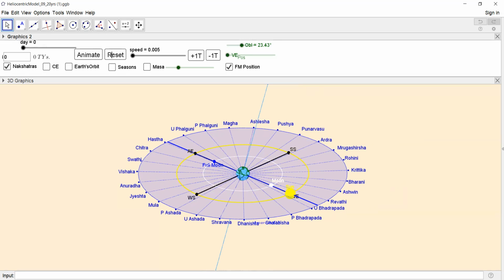However, once we go beyond three lunar years, there is a misalignment between the name we are giving to the lunar month versus the nakshatra of the full moon. So what that means is about every 3 years, or on an average every 2.5 years, we have to insert one Adhika masa.